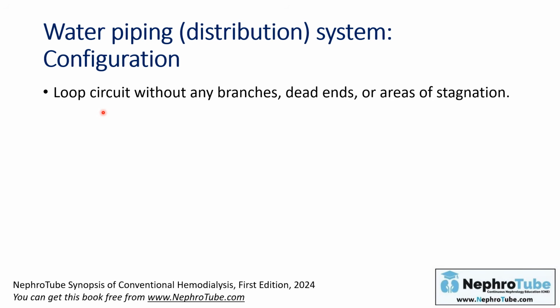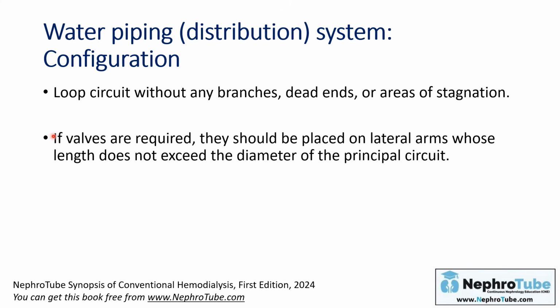It must be in a loop circuit without any branches, dead ends, or areas of stagnation. Also, if valves are required from the engineering point of view, the lateral arm length must not exceed the diameter of the principal main pipe circuit. This is important to prevent stagnation and contamination.